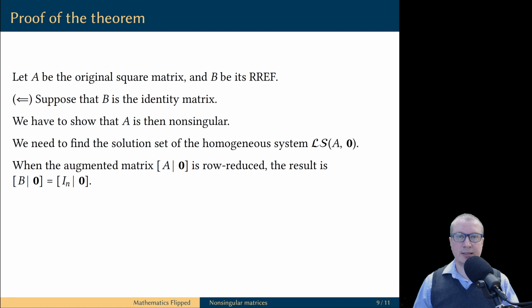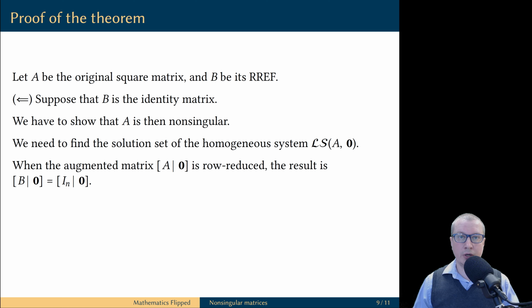You should have done some computations of solutions of homogeneous linear systems, and by now you have observed that whenever you apply row operations, the last column, the zero column, never changes. And this means that when you reduce such an augmented matrix, the actual non-trivial reduction only happens within the matrix A, the coefficient matrix.